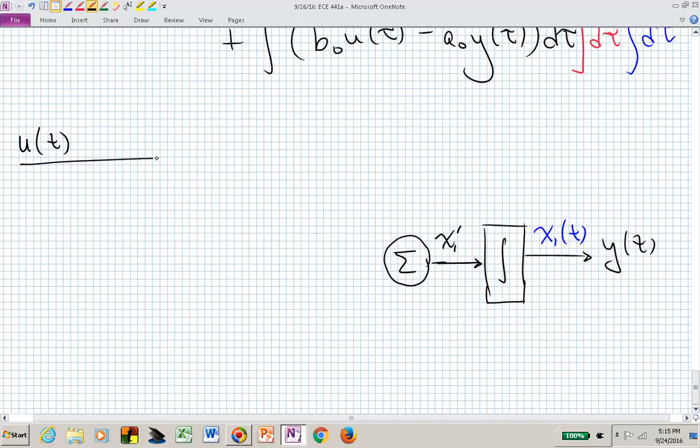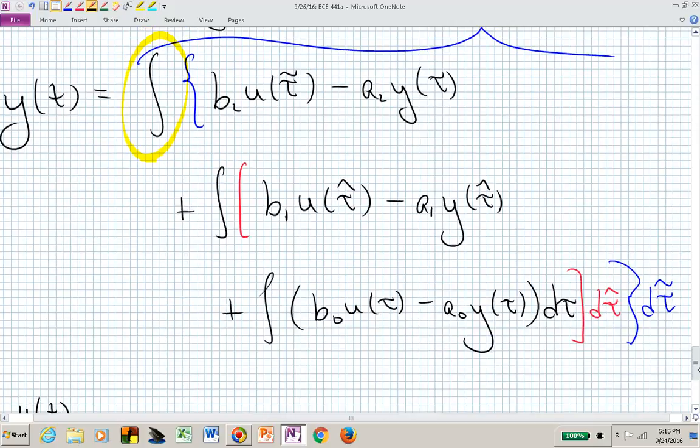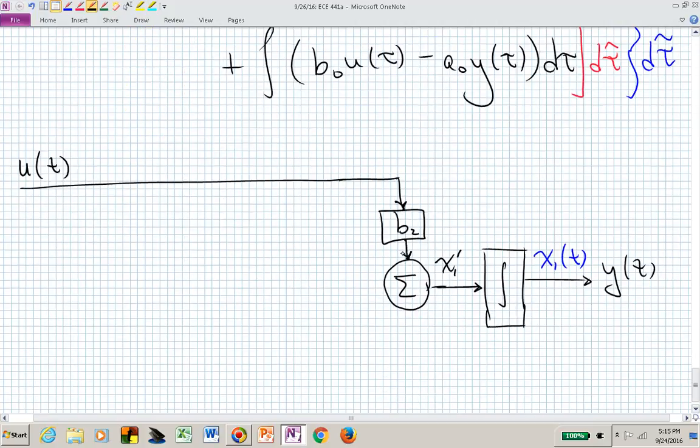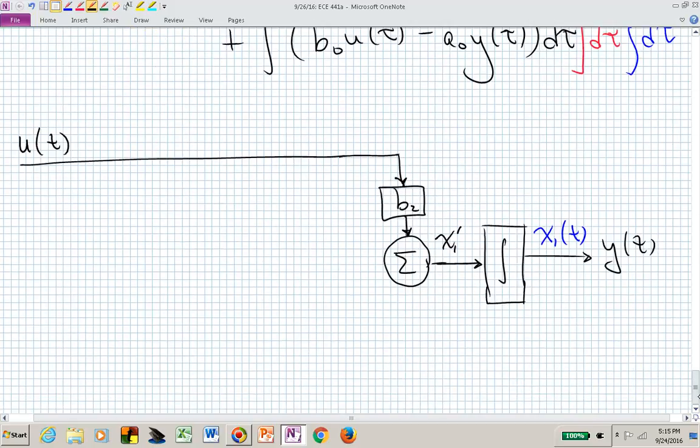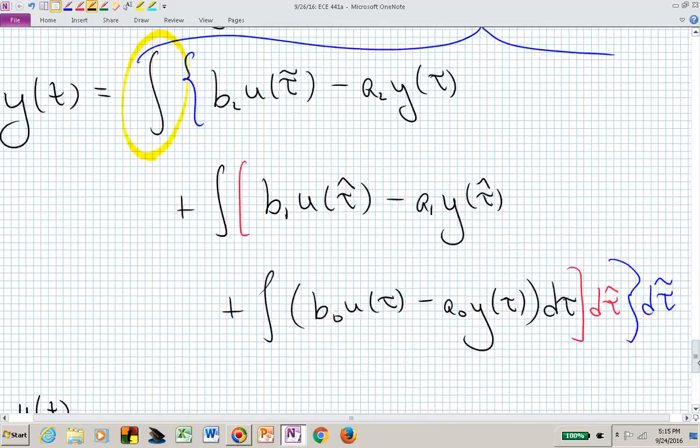So let me take u and scale that by b sub 2. Then what do I have? Then I have a minus a sub 2 y, and I have y available here.